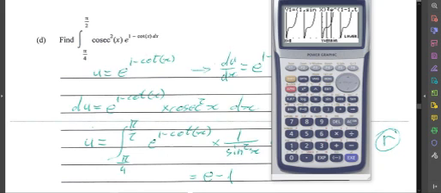Instead of pi over 4, how much is pi over 4? No, you can put in pi over 4. Yeah, I've tried that, but it didn't work. Let's see if that was the reason.